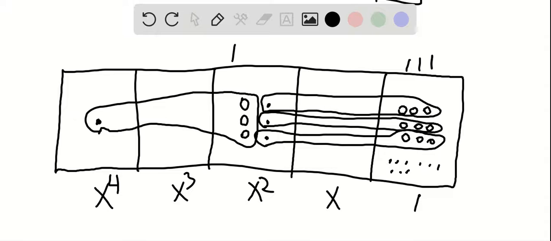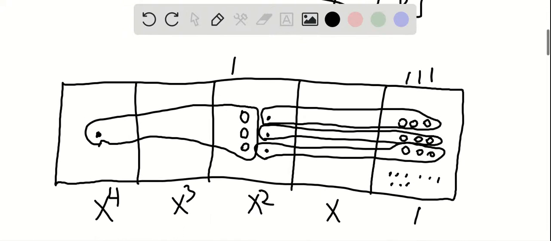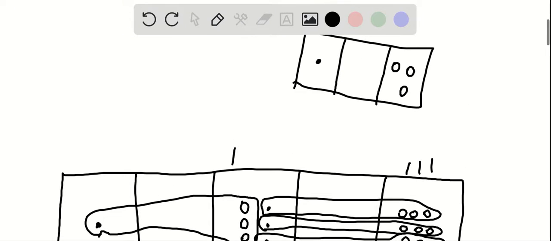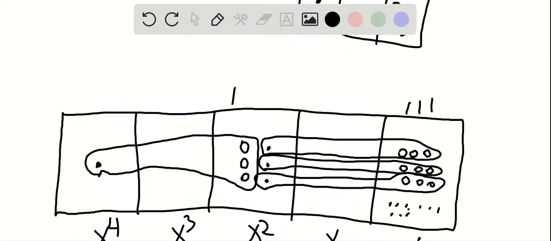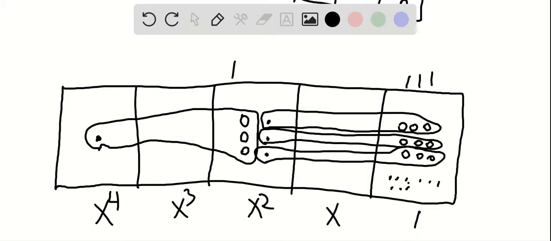I have one group at the x squared level, and I have 3 groups at the ones level of the pattern that I was trying to find, but now I have all these dots left over at the ones level. Can I make another 1 dot next to nothing, next to 3 anti-dots? How? All my dots are now in my ones box. I think we're done. Are we stuck? I don't know. Let's see.